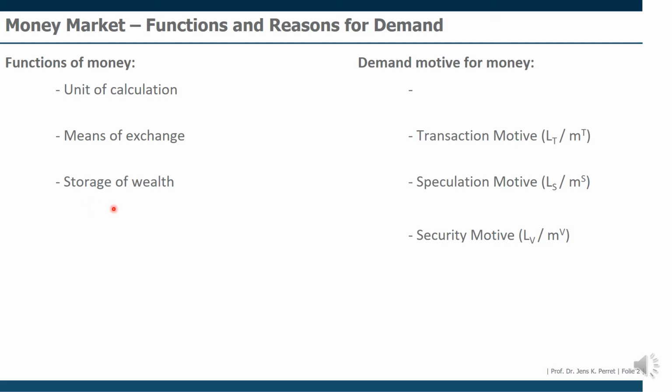And well, that's it regarding the functions and the corresponding or additional demand motives for money. And usually, if we talk about the demand motives, we only focus on the first two because they are closely related to the functions money fulfills. The third one, the security motive, in many cases is just omitted.